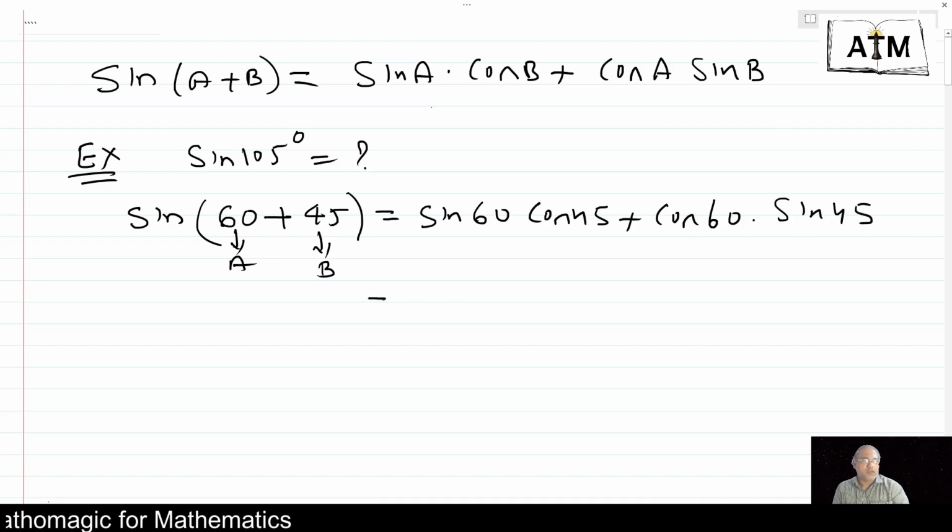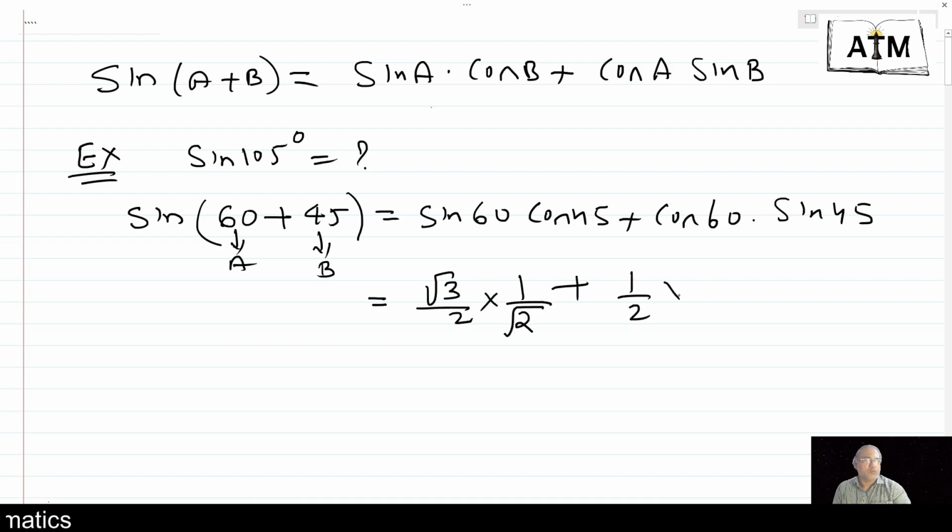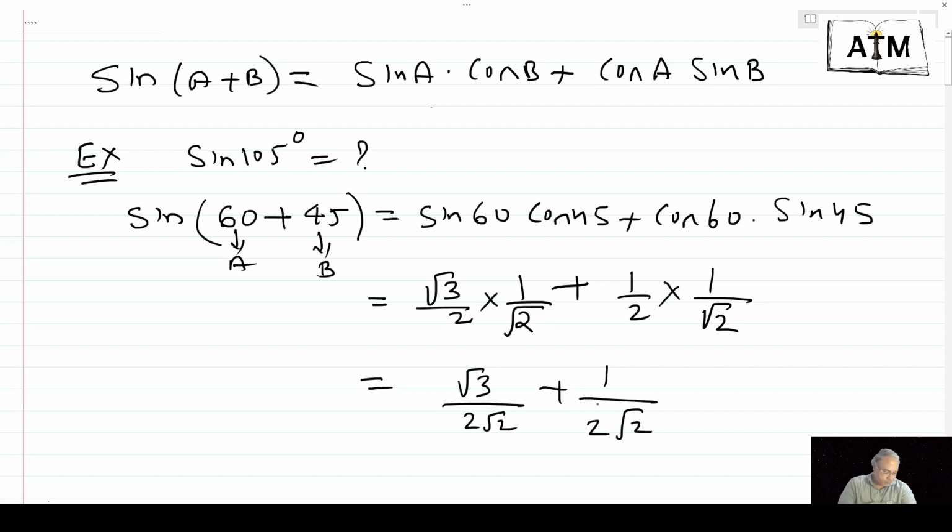Now we put the respective values of these ratios: sine 60 equals root 3 by 2, cos 45 equals 1 upon root 2, cos 60 equals 1 by 2, and sine 45 equals 1 upon root 2. So this equals root 3 upon 2 root 2 plus 1 upon 2 root 2.